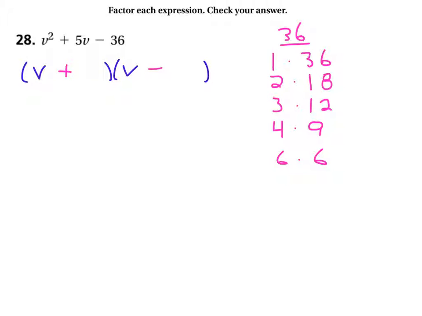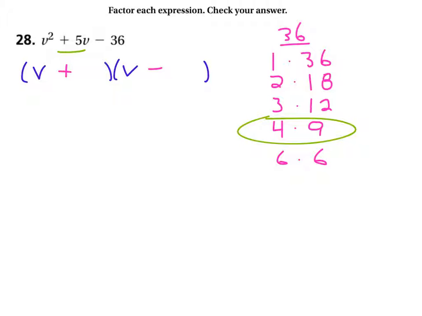So, since they're opposite signs, we've got to find two numbers that subtract to make that middle term coefficient of 5. Okay, which two numbers subtract to 5? Well, if you're looking, you can see those two subtract to 5. So, how do we place them?